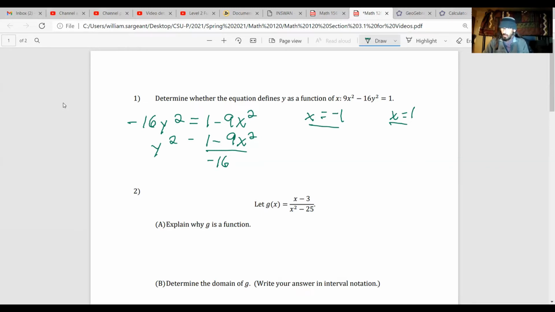Since -1 and +1 squared equal the same thing, then you're going to have that y squared equals 1 minus 9 over negative 16. And that's giving us -8 over negative 16, reducing to 1/2.